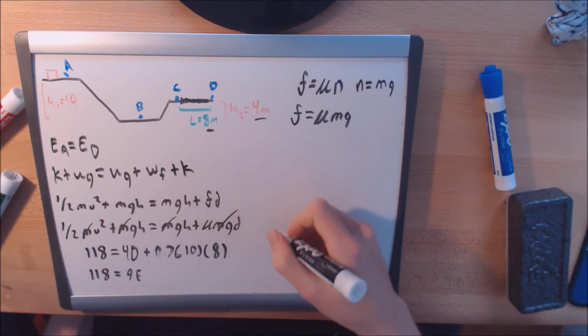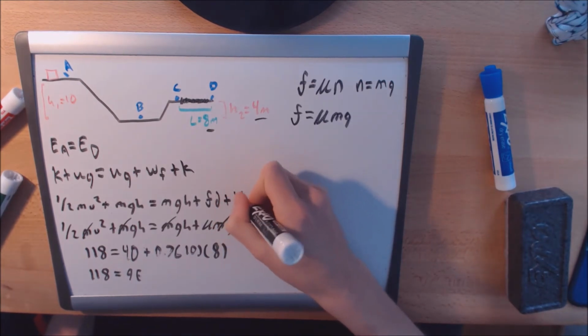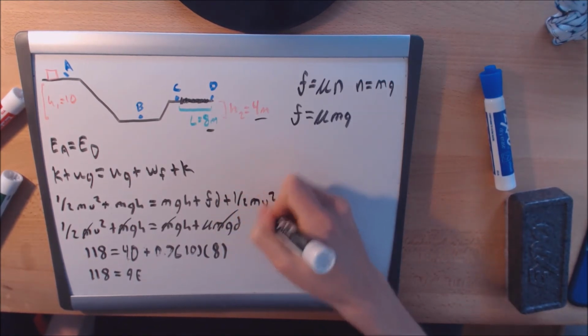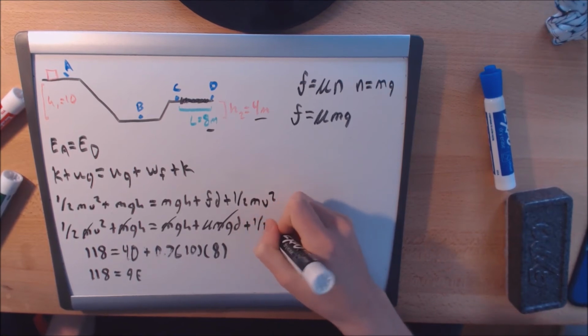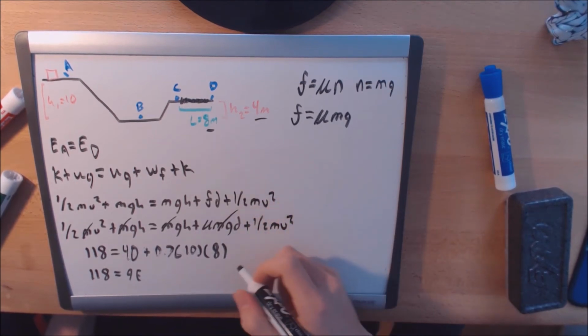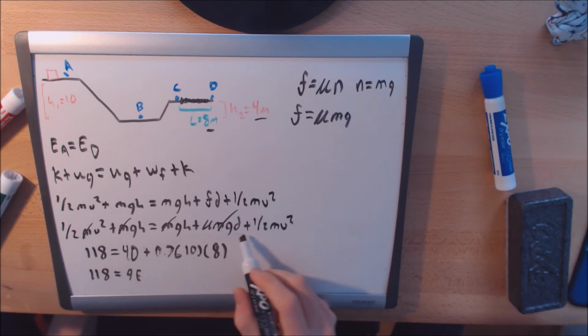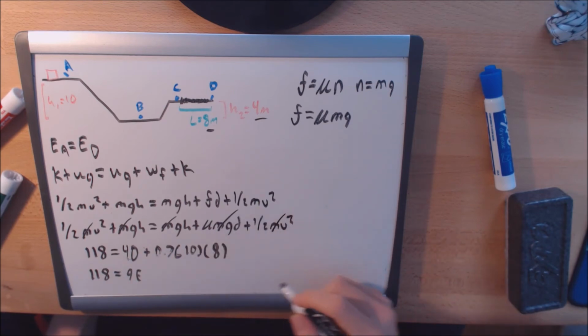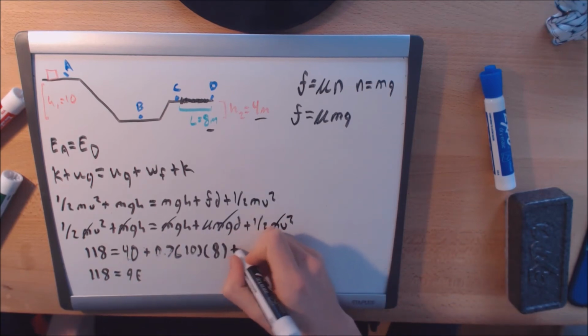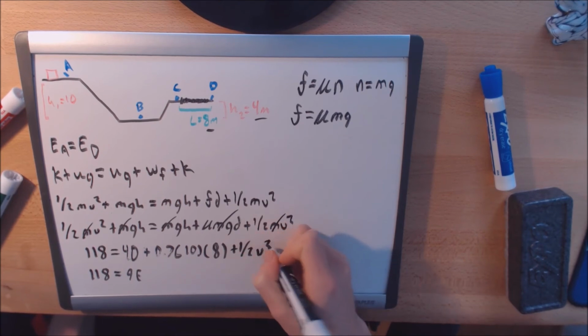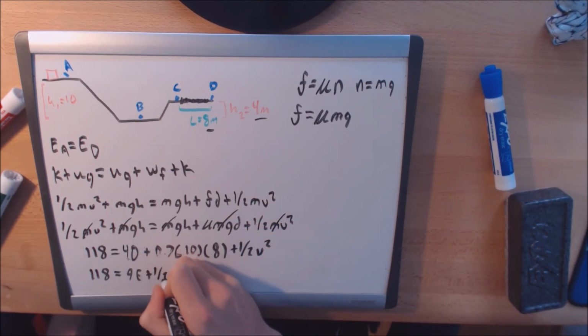So then we'll get plus 1/2 mv squared here, plus 1/2 mv squared here, and then the m's are going to go away like we did before, and so then we've got our plus 1/2 v squared hanging out.